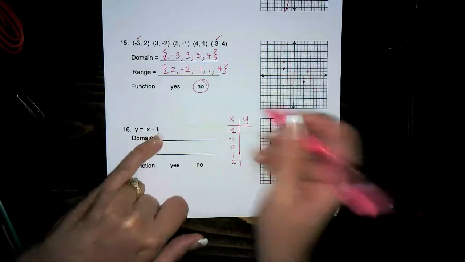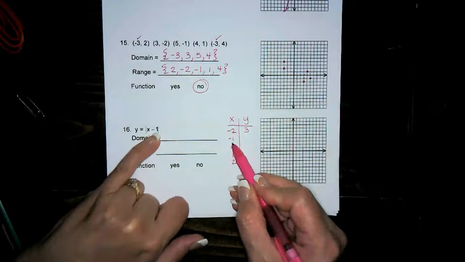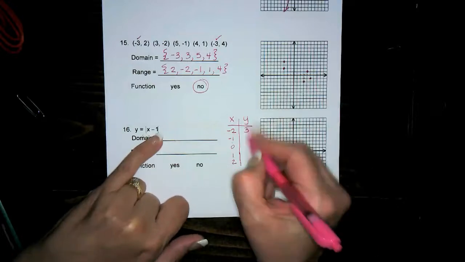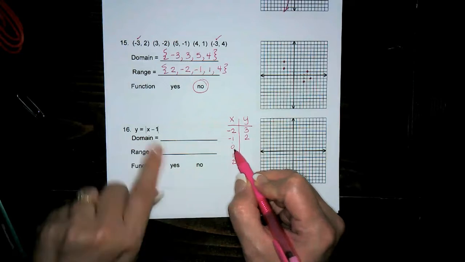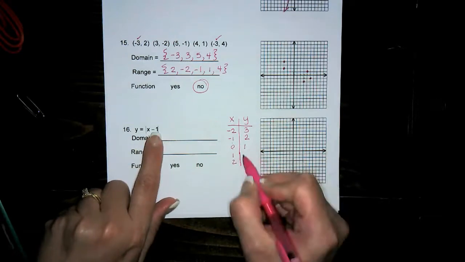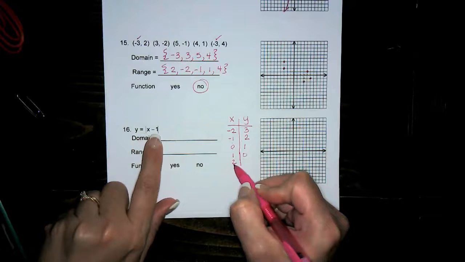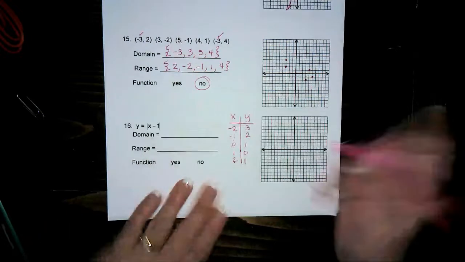Then we do the absolute value, which is +3. -1 minus 1 is -2. Then take the absolute value, that's +2. 0 minus 1 is -1. Take the absolute value, +1. 1 minus 1, 0. 2 minus 1 is 1. Take the absolute value.